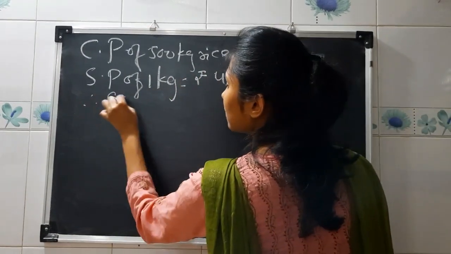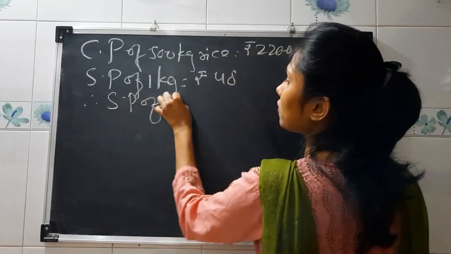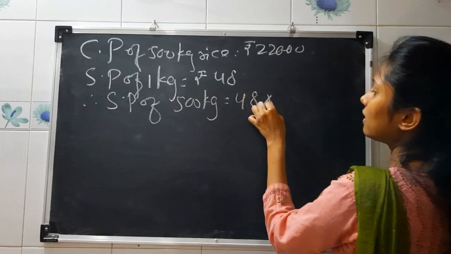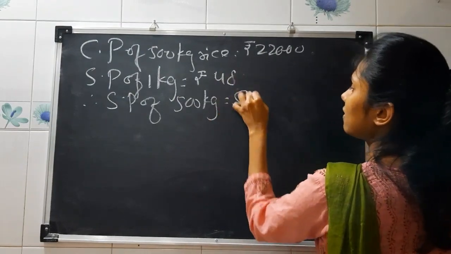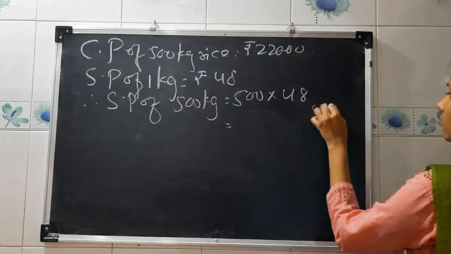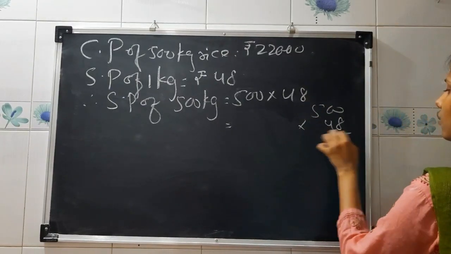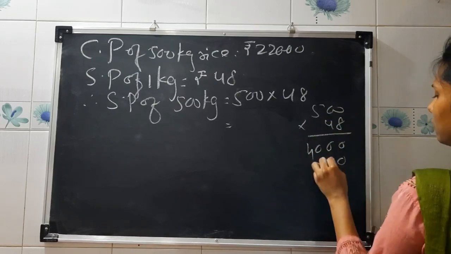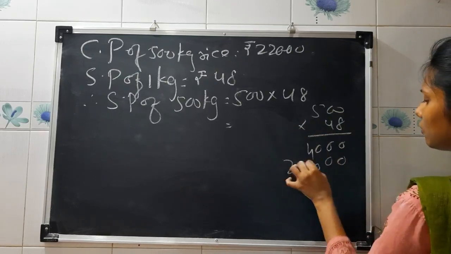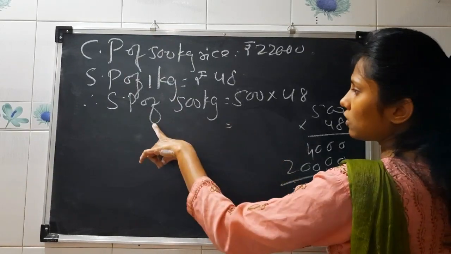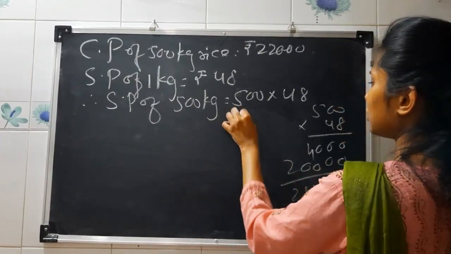So the selling price of 500 kg is 500 multiplied by 48, which is 24,000. So the selling price of 500 kg is rupees 24,000.